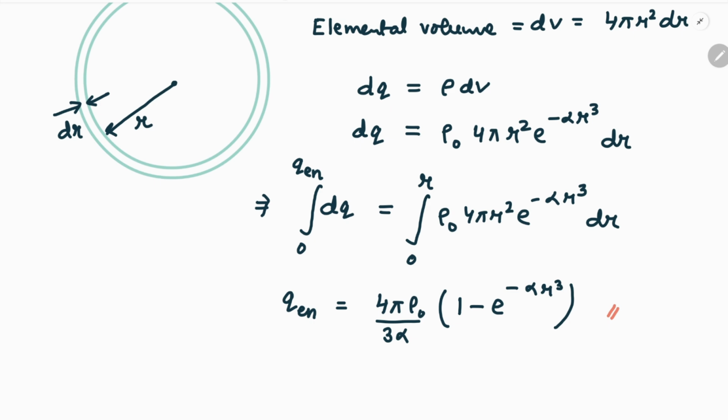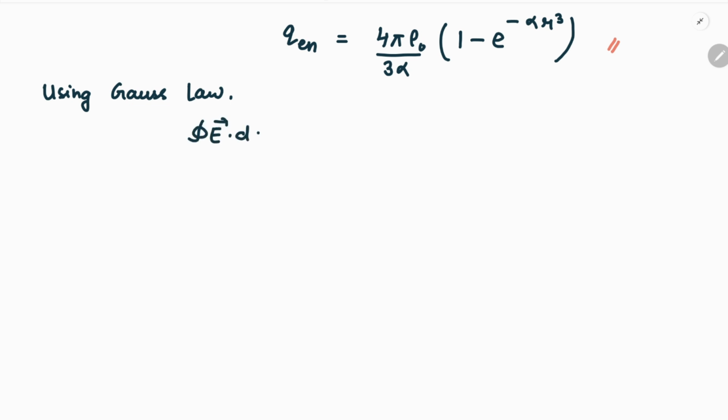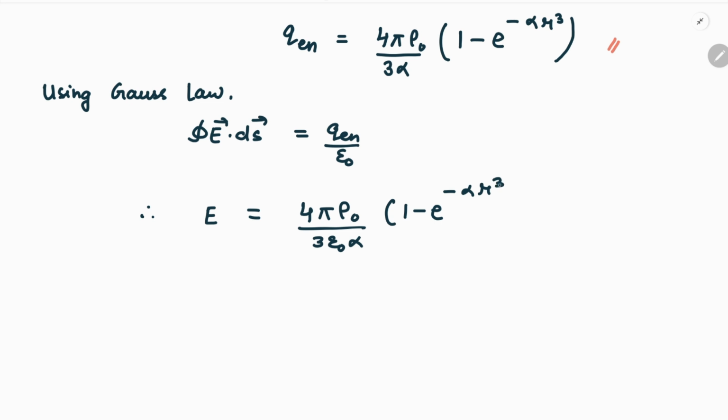Now the question is asking us to calculate the magnitude of electric field strength as a function of r. So if we apply Gauss law from this point, we can say, using Gauss law, the closed integral of E dot dS equals q enclosed by epsilon naught. Therefore the expression for E equals q enclosed, 4 pi rho naught by 3 epsilon naught alpha times 1 minus e to the power minus alpha r cube, divided by 4 pi r square.